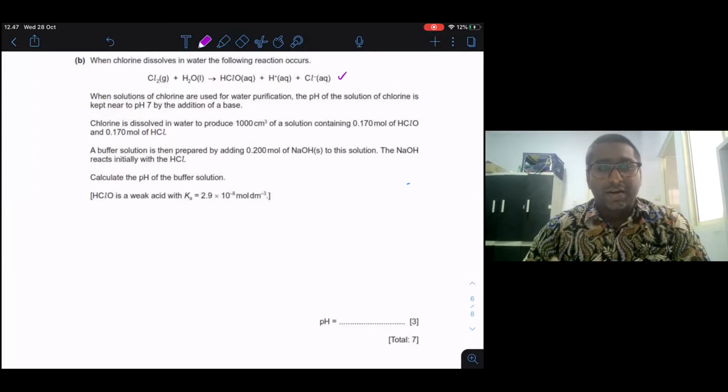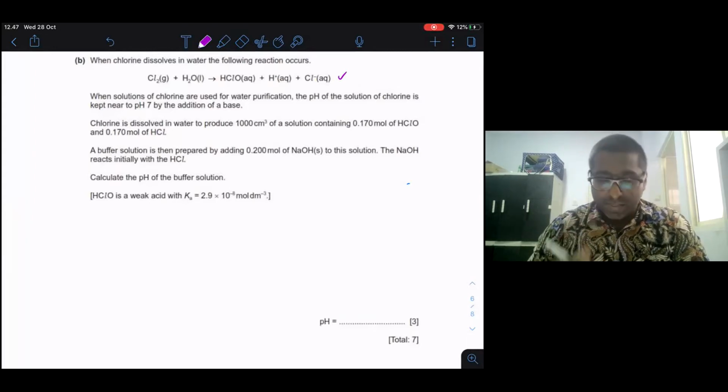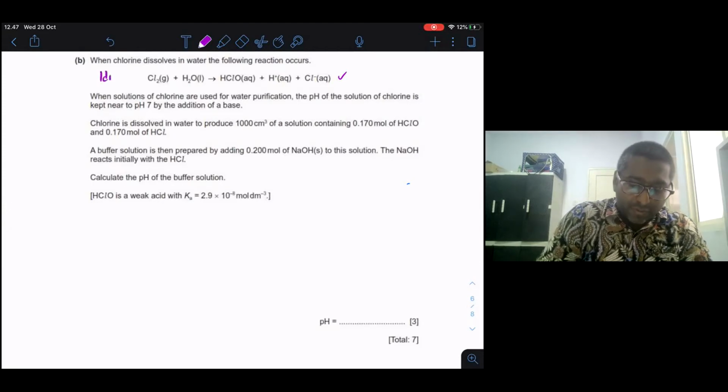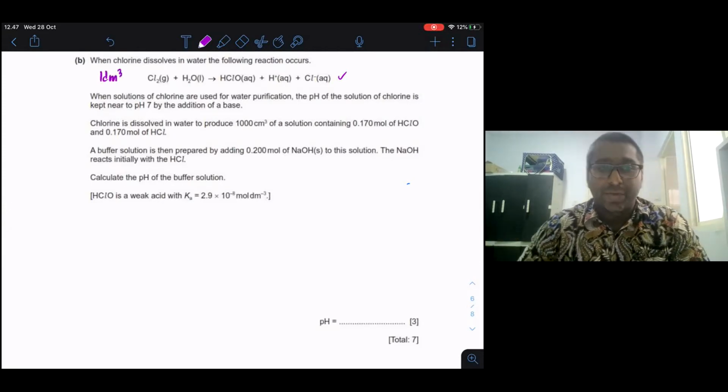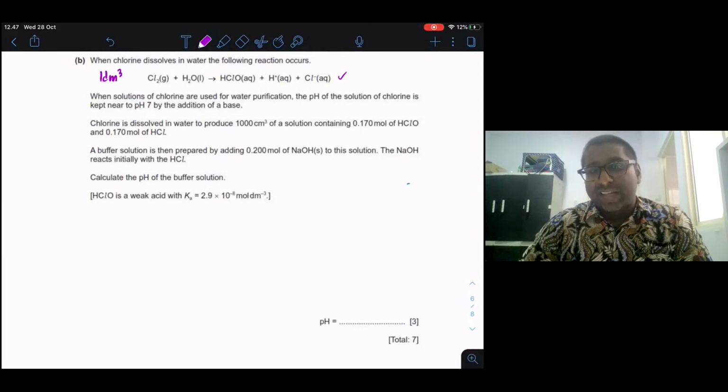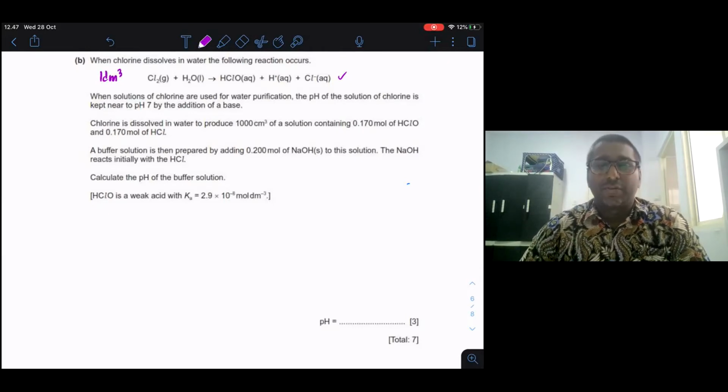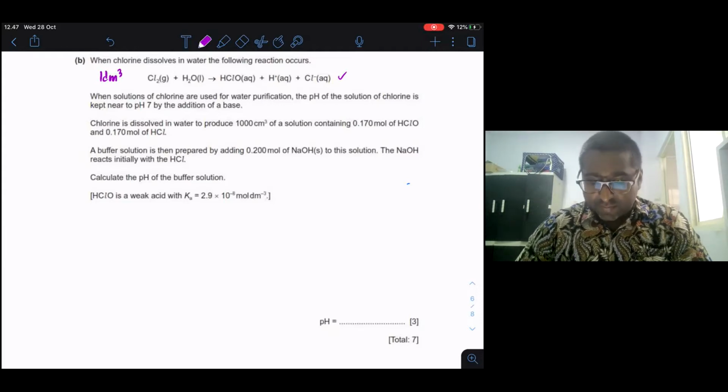Here, they have given you some information in every 1 dm cube. So all these are happening in 1 dm cube. For every 1000 cm cube of a solution, it contains 0.17 moles of HClO and 0.17 moles of HCl.